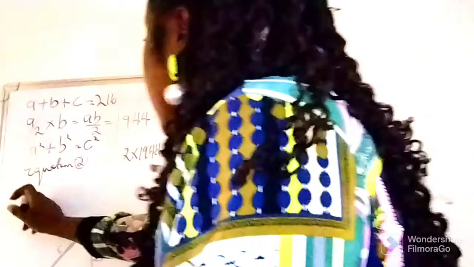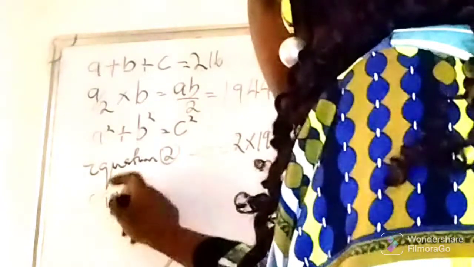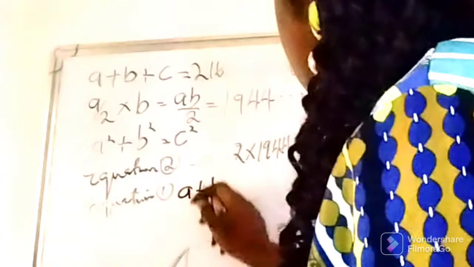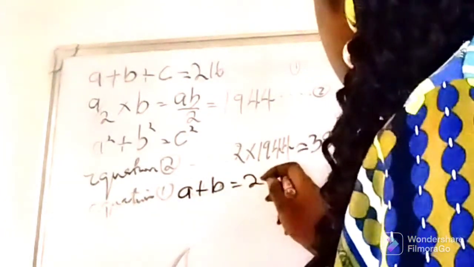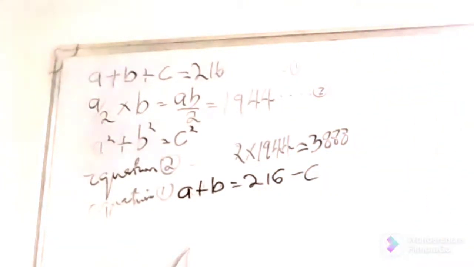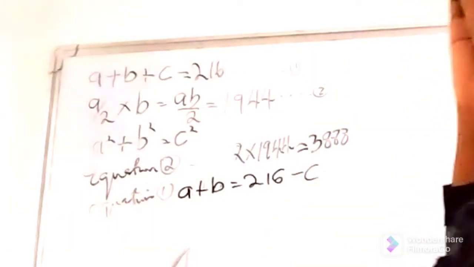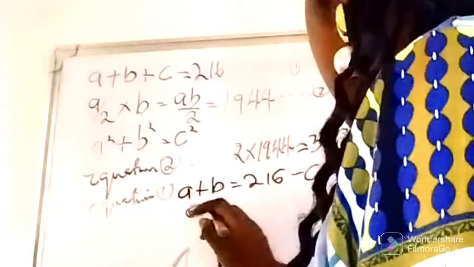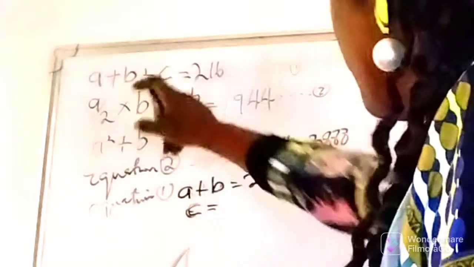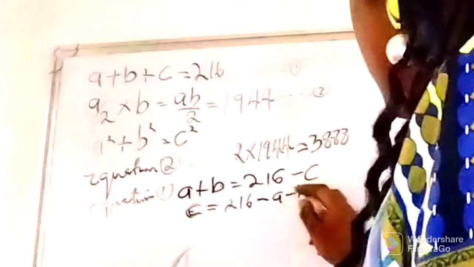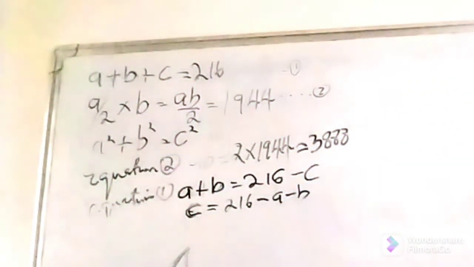Okay, so I'll say from equation 1, we'll say A plus B is equal to 216 minus C. You can also say C is equal to, from equation 1, C is equal to 216 minus A minus B. So I would like to put the value of C in my equation 3.